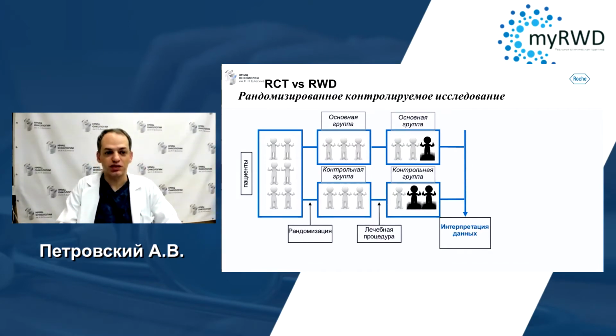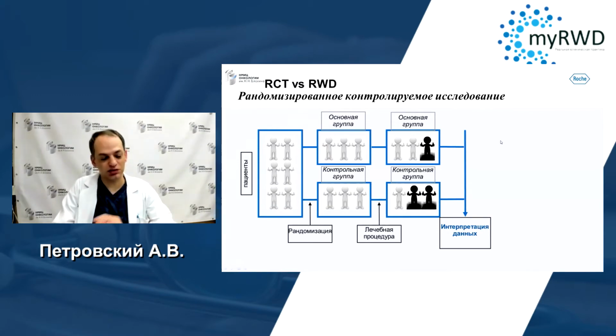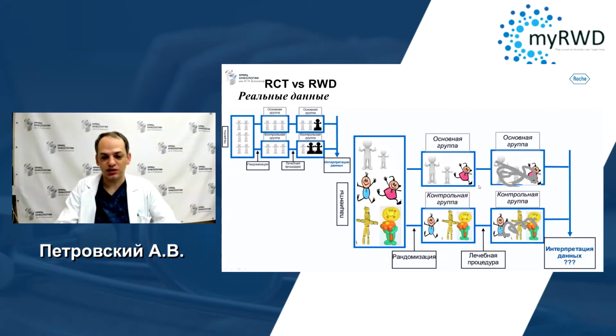So if we talk about the differences between RCT and RWD, it's discussed quite a lot today. So let me give you a very short, brief intro. In real life, we see a situation which is different from trials, because when a trial is ongoing, we have very similar patients that are randomized between the main and control group, and then we assess particular results.